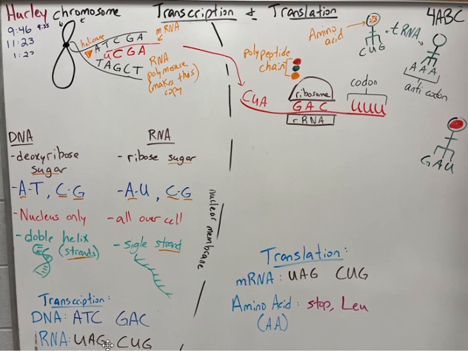So this mRNA, UAG, CUG, leaves the nucleus, comes out here, and with the help of a ribosome and a tRNA, or a lot of tRNA, these codons, these groups of 3, are turned into a specific protein.